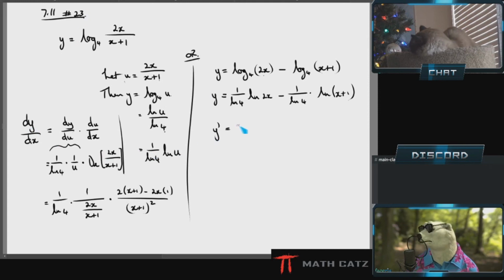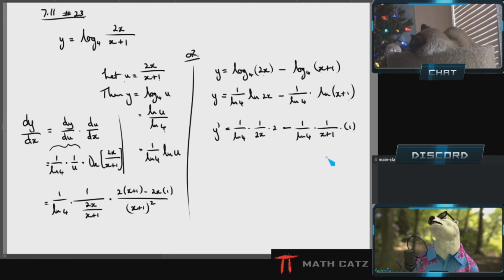Okay. Constant times a function. Yes, derivative of the outside function times derivative of the inside function. Don't cancel the 2's. Not in the first line. Constant times a function. Derivative of the outside function. The derivative of the inside function is just 1.